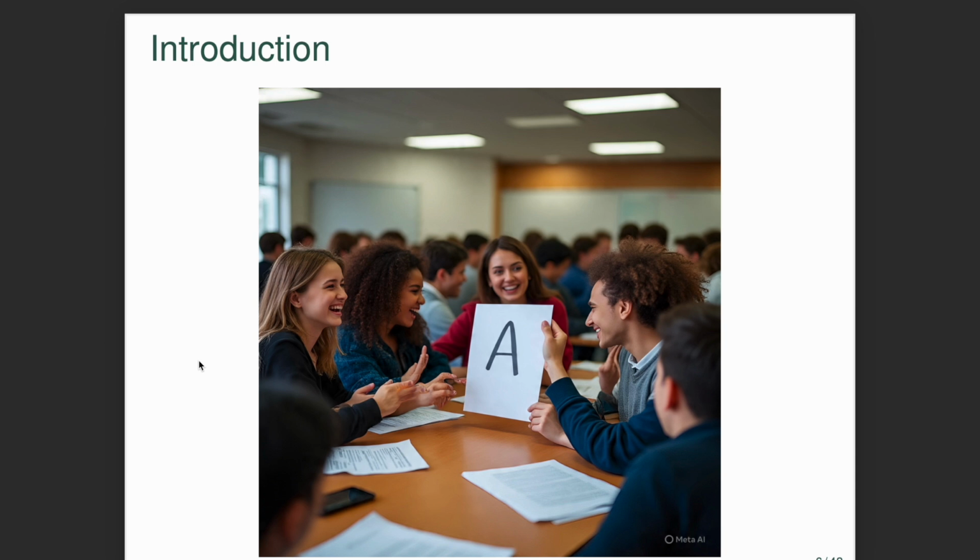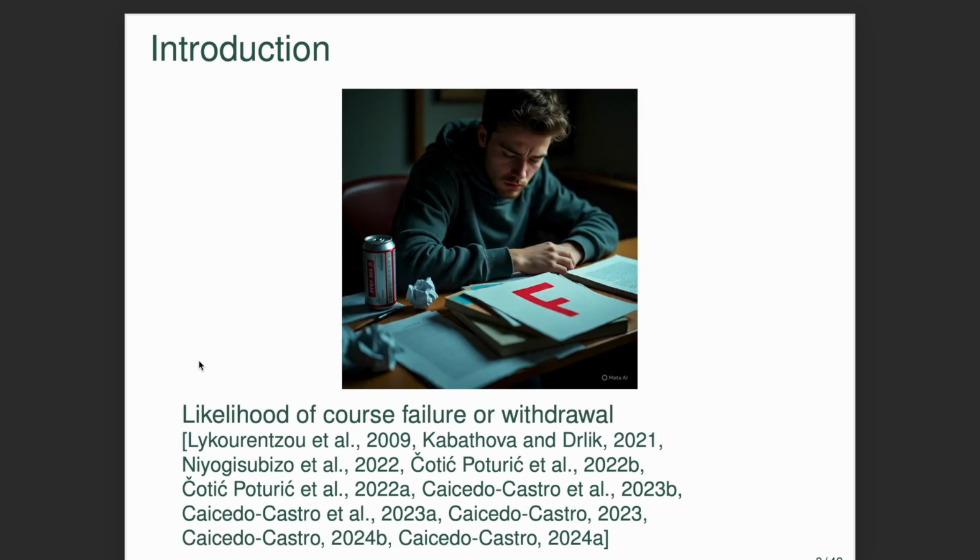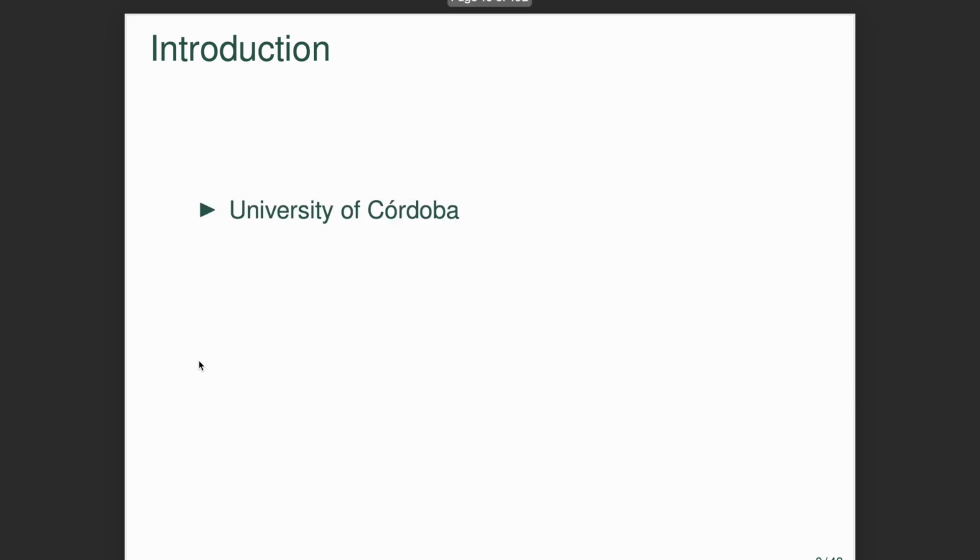Understanding academic success is an active area of research. Many studies have explored predicting student dropout, delayed graduation, and likelihood of course failures or withdrawal. Our work is focused specifically on the academic structure of the University of Córdoba.